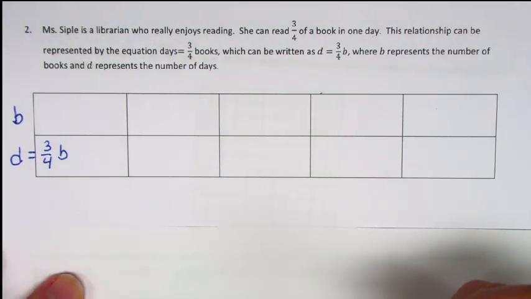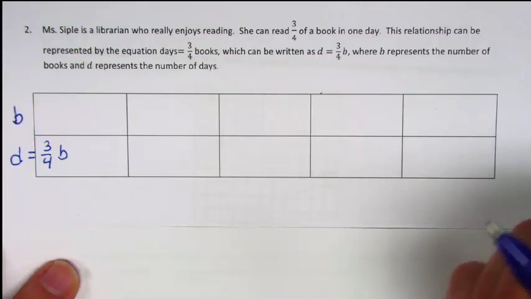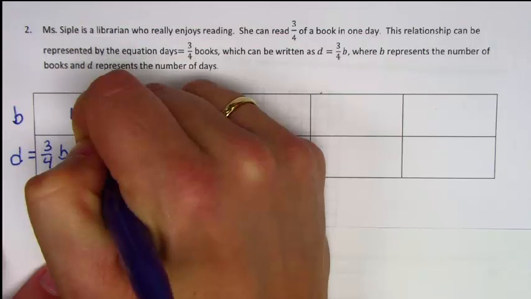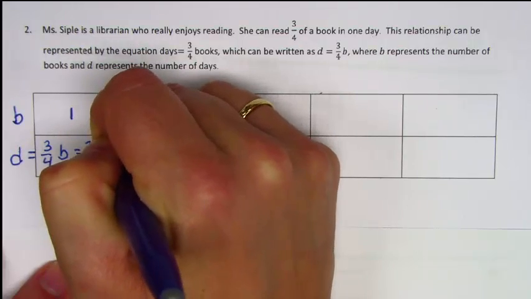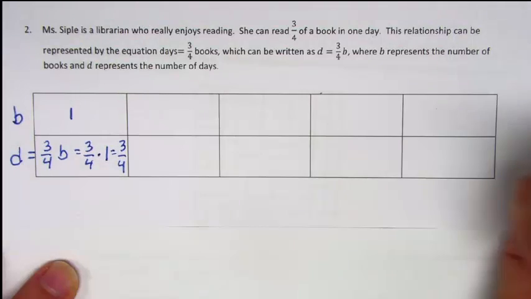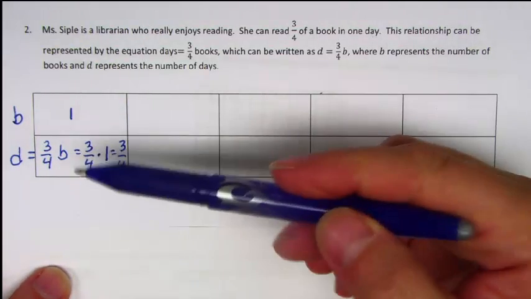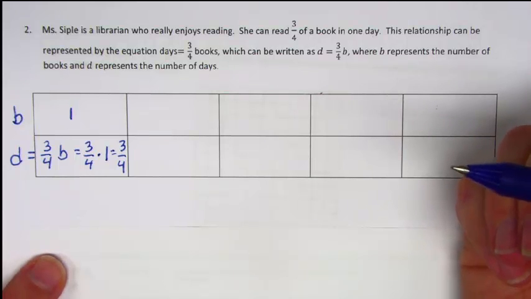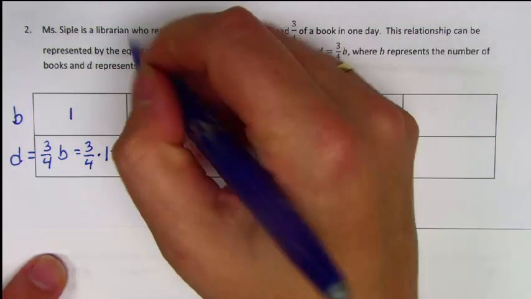If I pick a number of books, like 1, then this is going to be 3/4 times 1, which is going to be 3/4. Well, that was easy with 1. I might want to pick a number of books that makes it easy to multiply by 3/4.